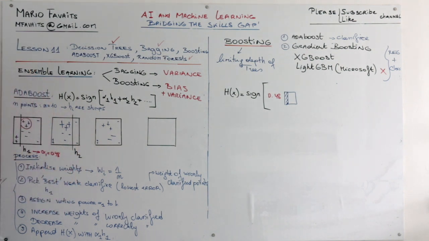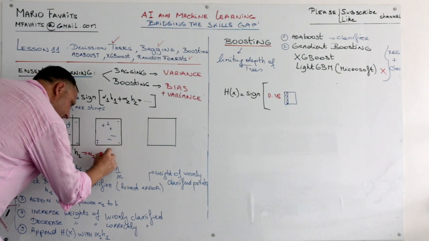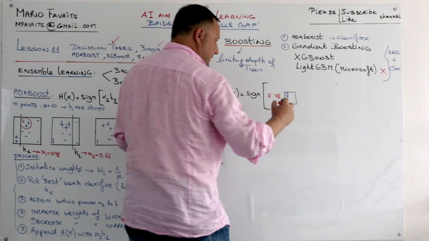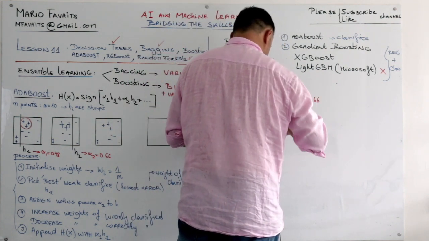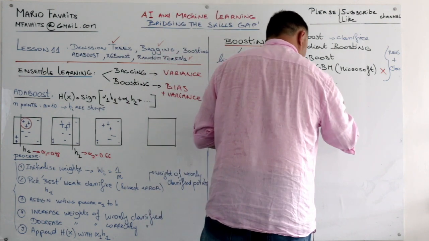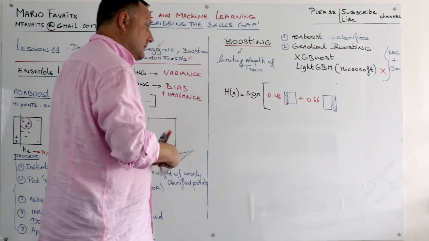The alpha in this case will be a bit bigger. Alpha 2 will be 0.66. So we add plus 0.66 times the classifier that we use, this one.